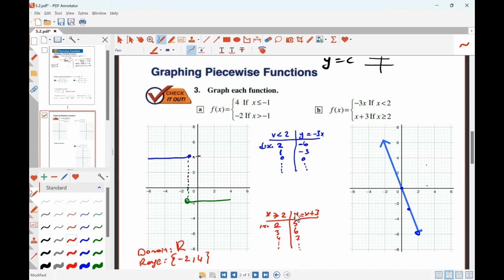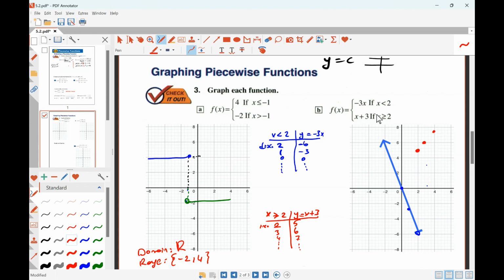Let's plot these points as well. 2, 5 here. Remember, the point is closed. 3, 6 here. 4, 7. 4 here for x, 7 for y here. Like this.